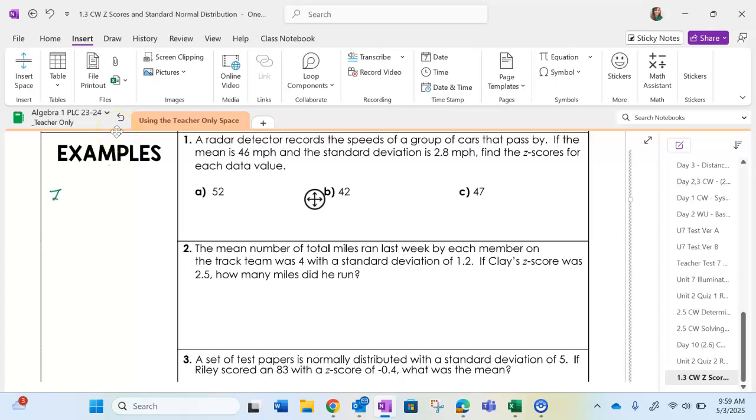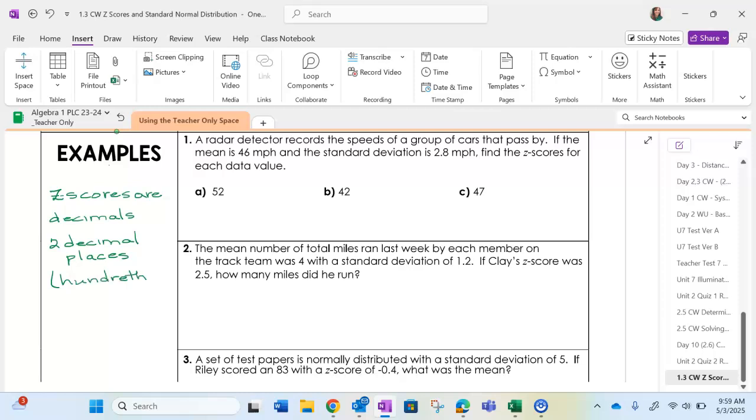So z-scores are decimals. We are going to calculate z-scores to 2 decimal places. That means to the nearest hundredth. Okay. All right. So I'm going to write our formula down here because I don't have it above. It is some data value minus the mean divided by the standard deviation.